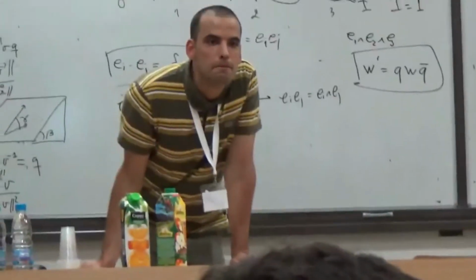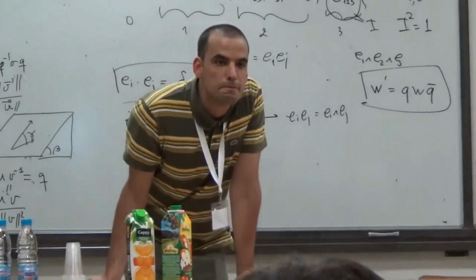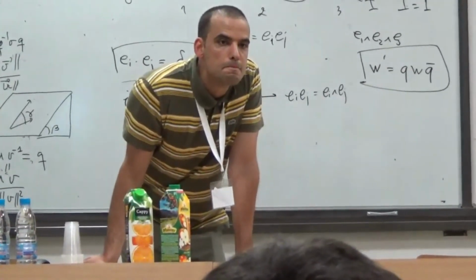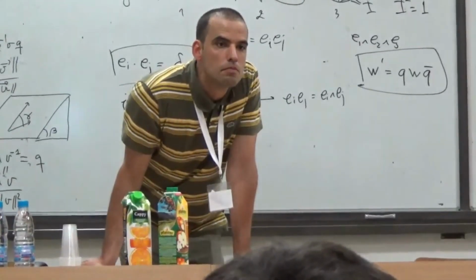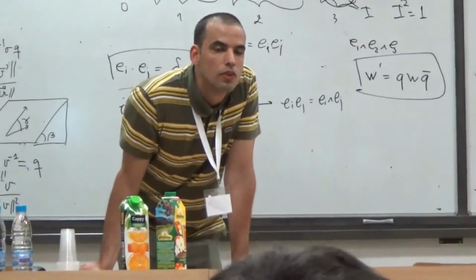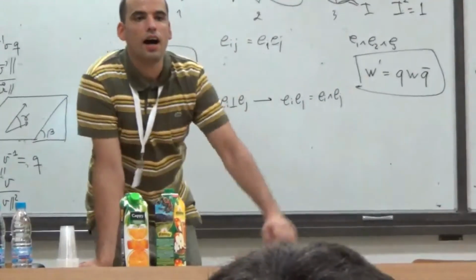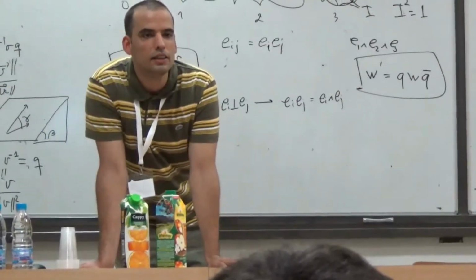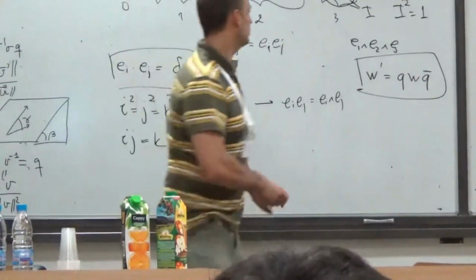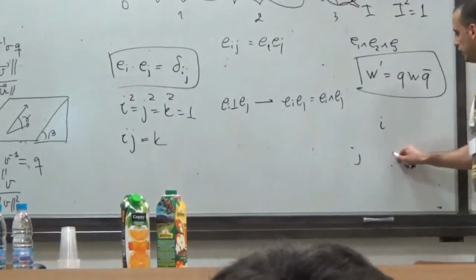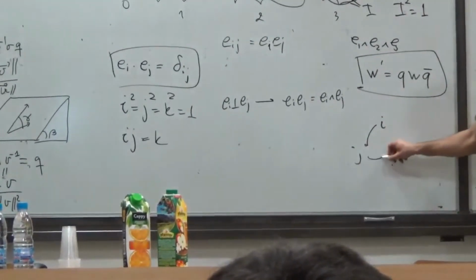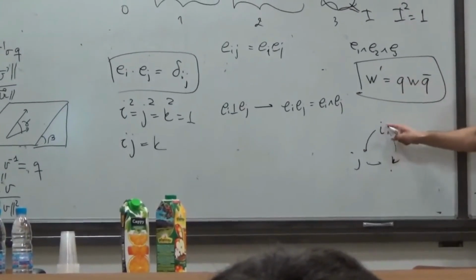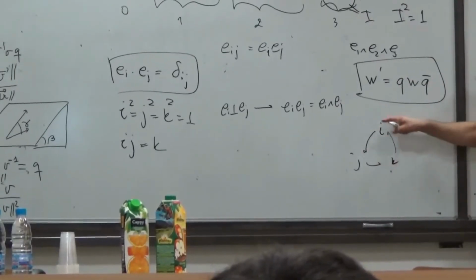remembering that when you have quaternions, it's easier to do a triangle. You put I, J, K, and you make some composition, with J times K equal to I and so on.